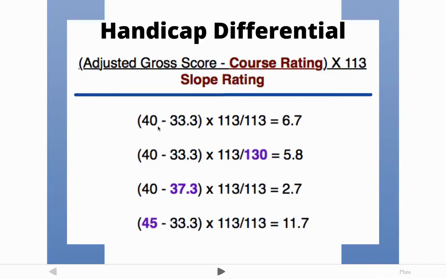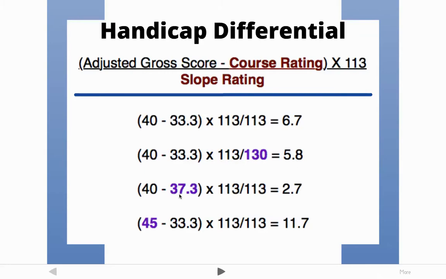So if you take this as your base calculation, you scored a 40, the course rating was a 33.3, and you had an average slope rating, you're going to have a handicap differential of 6.7. But if you adjust and say the second course you played was much more difficult, you scored the same, and the course rating was the same, your actual handicap differential is going to go down because it was a much harder course.